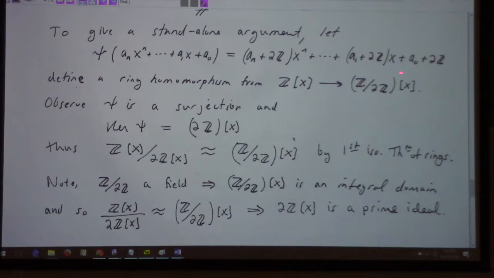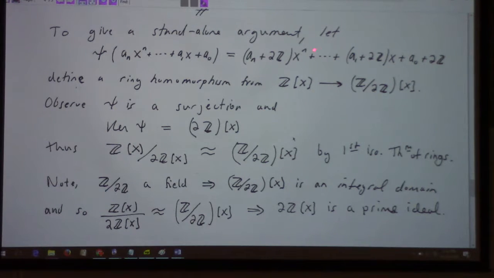That gives us a ring homomorphism, and the kernel of this ring homomorphism is exactly the polynomials with even coefficients. But then, by the first isomorphism theorem of rings, we know that Z[x] mod 2Z[x] is isomorphic to Z mod 2Z [x]. This is the kernel of psi, and this is the image of psi.